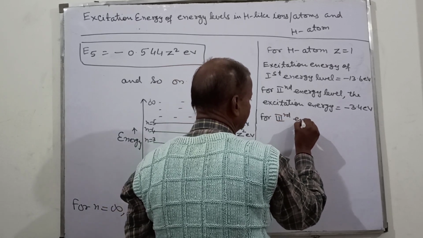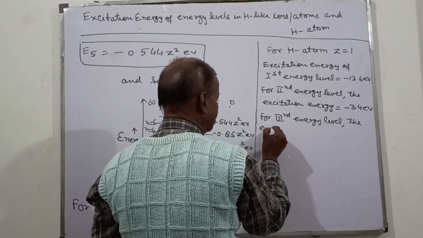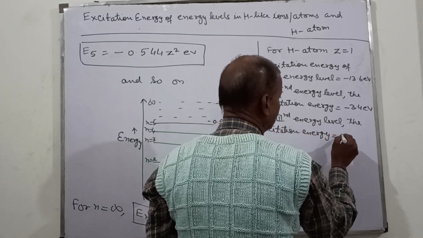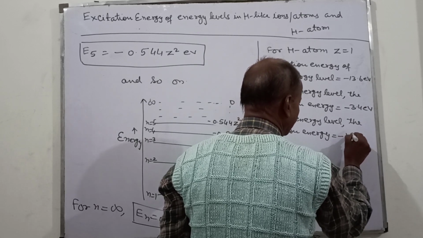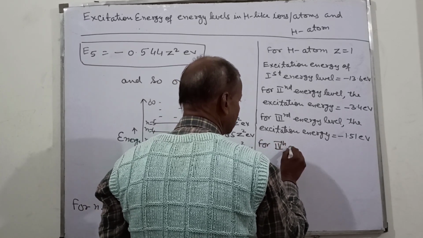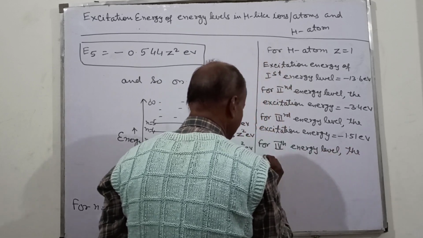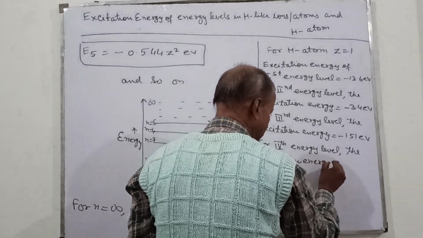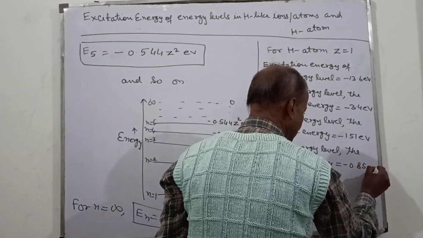For the third energy level, the excitation energy is minus 1.51 electron volt, and for the fourth energy level, the excitation energy is minus 0.85 electron volt, and so on.